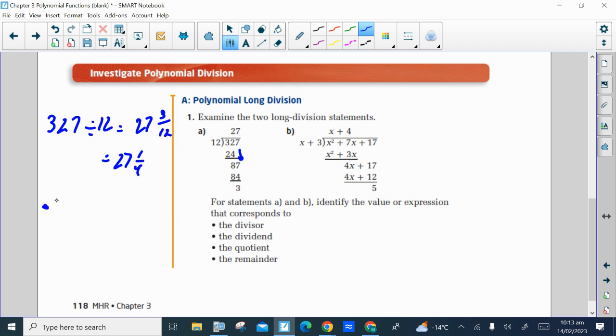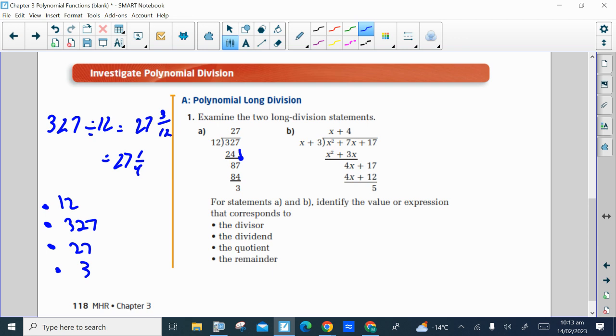The dividend is what you're dividing into, so in that case, it's 327. The quotient is the answer, and in this case, that would be 27. And the remainder is 3. So for that first long division statement, those are what the divisor, dividend, quotient, and remainder are.